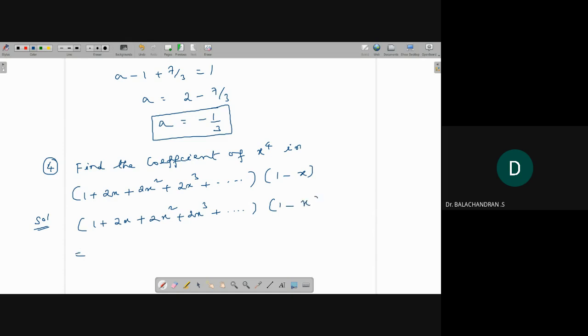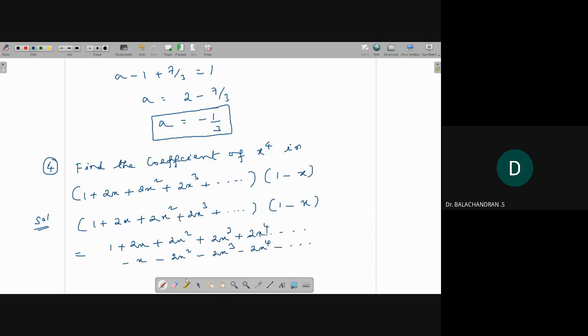So this is equal to 1 plus, if you multiply by 1, you will get what? 1 plus 2x square plus 2x cube plus and so on. Okay, if I multiply by minus x, you'll get what? Minus x, I will write minus x here, then minus 2x square, then minus 2x cube, and then minus 2x power 4 minus and so on.